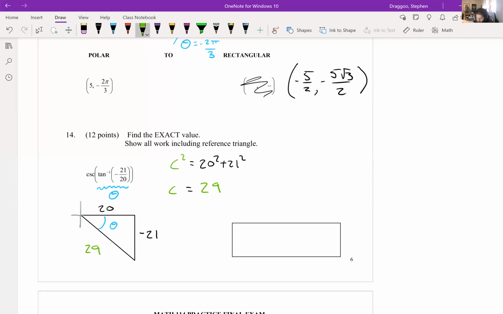Okay, so then we just want the cosecant of that. Cosecant of theta. And that should be hypotenuse over opposite. So negative 29 over 21.